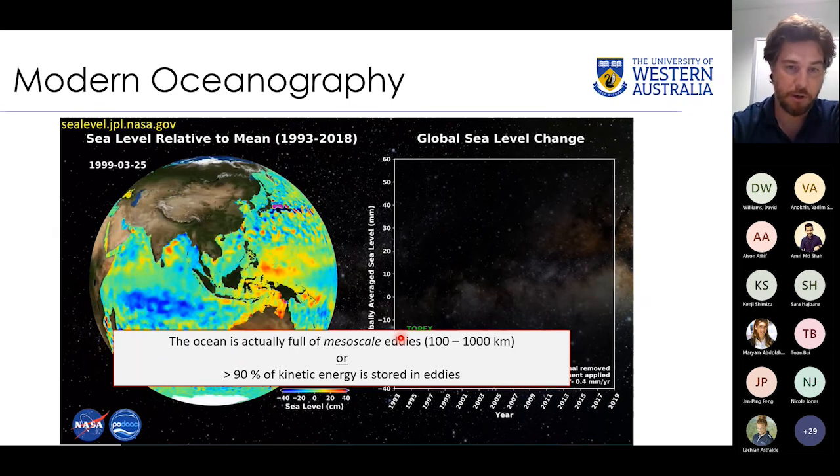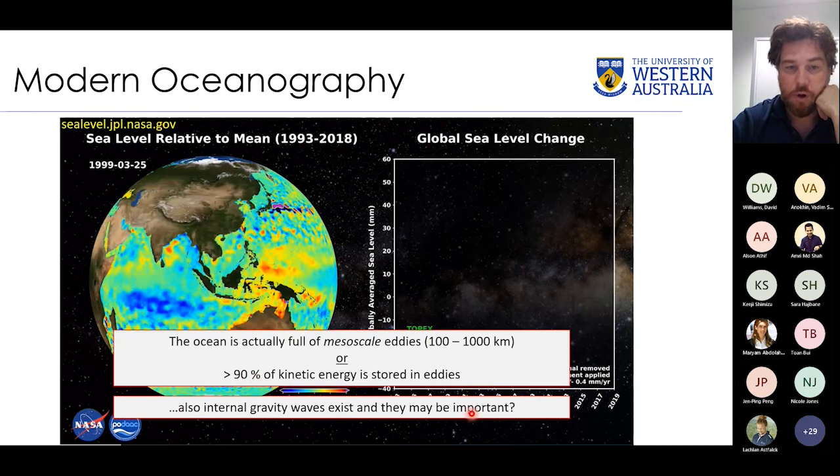If you take a snapshot of the ocean, you'll see eddies. With satellites, they resolved what are called mesoscale eddies, with length scales of 100 to 1,000 kilometres. Another way of stating that the ocean is full of eddies is that greater than 90% of the kinetic energy at these larger scales is actually in eddies, not in the large streams.